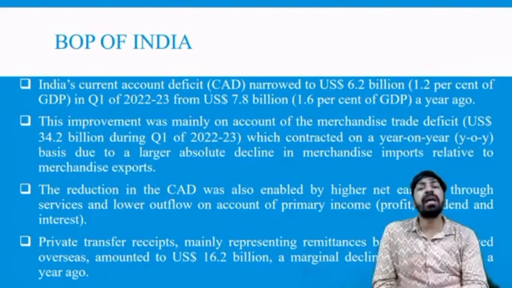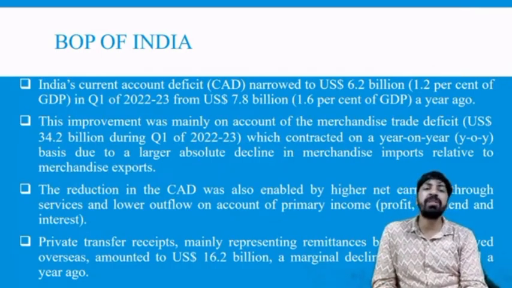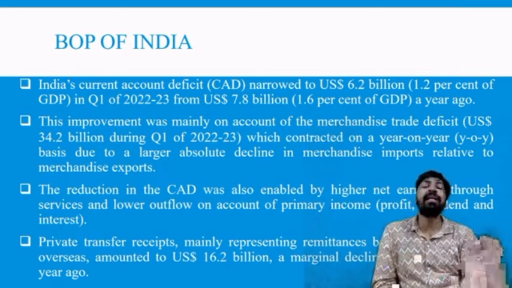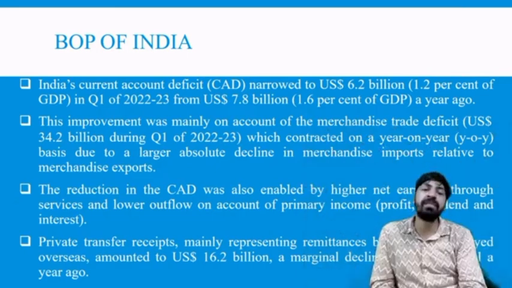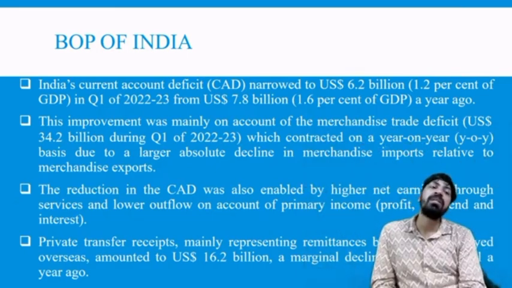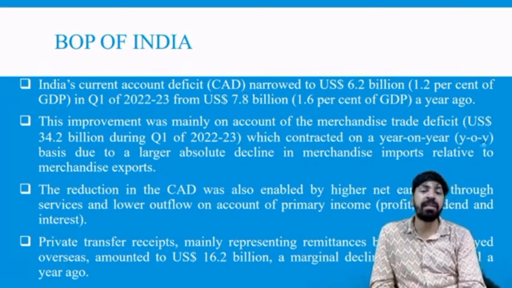This is the current situation of the balance of payment of India. The current account deficit in quarter 1 is 7.8 billion US dollars. Then there is an improvement in the merchandise trade, the visible items, where 34.2 billion has been achieved.